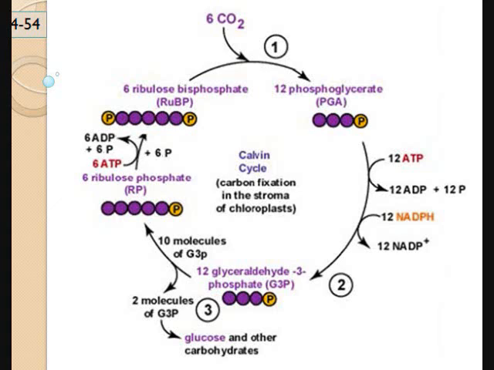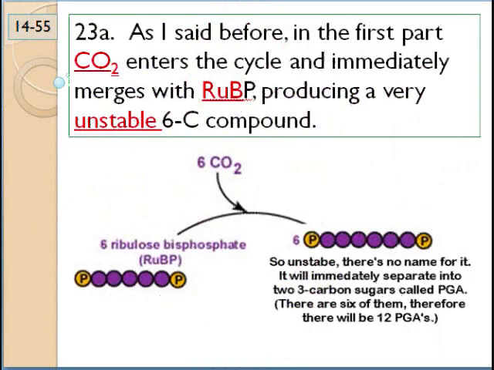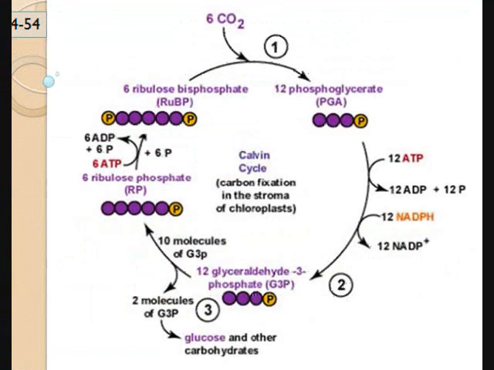And there's one right here I didn't put in because remember, it's not there very long. This one is not in my picture. I might one day go back and put it in there. But each one of these carbons is added, and I have 6 of these unstable 6-carbon compounds, but they immediately split in half and form 12 of these.